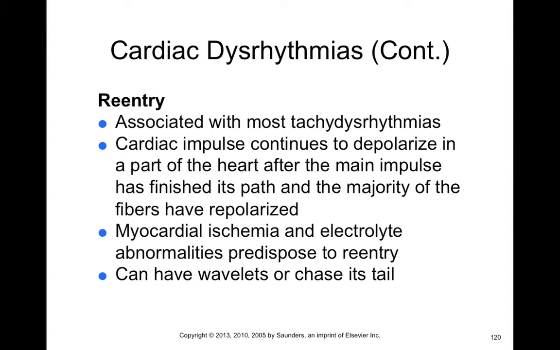And so what happens is this comes through and reactivates the heart along its old conduction pathway, and this leads to echoes and echoes and echoes of electrical activity. This can be caused by myocardial ischemia or electrolyte abnormalities, and often what this can look like on an EKG is multiple wavelets that chase a tail of a particular wave.